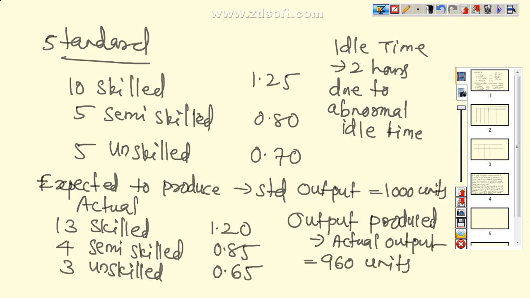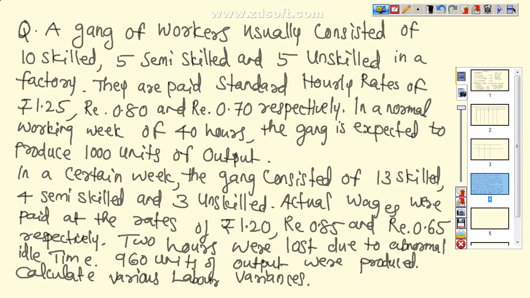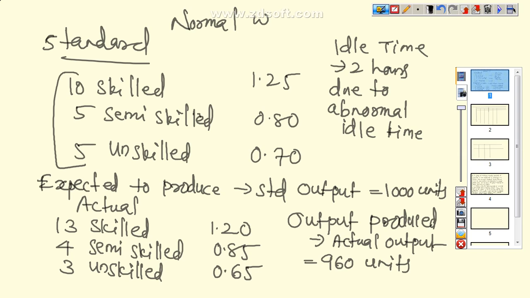So based on this information we have to calculate different types of labor variances. First we prepare a table to show all this information. The normal working week of 40 hours is given.